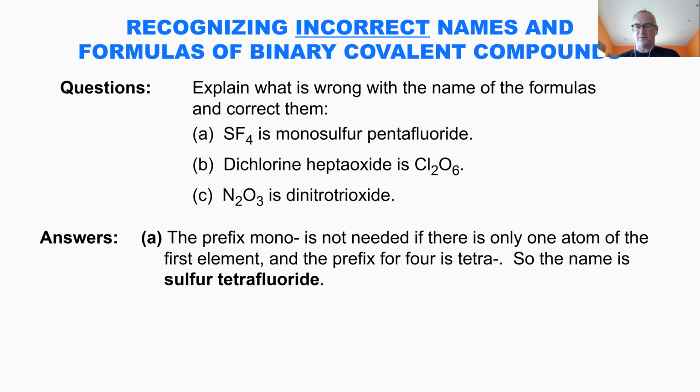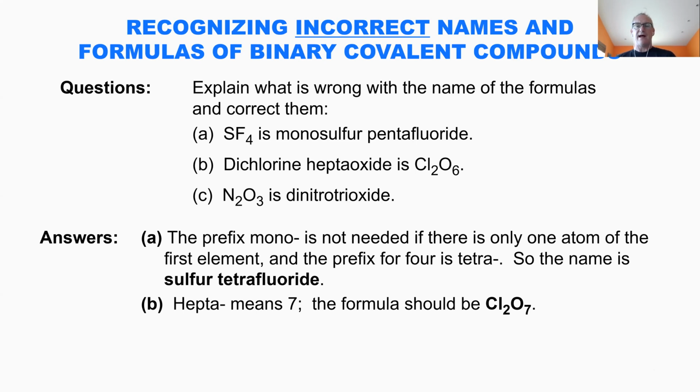So sulfur tetrafluoride. Now you mentioned before whether chlorine should be first or second. Like I said, that part is a little tricky. Chlorine is lower on the periodic table, so it's considered more metallic. Now, if it was oxygen and fluorine, they're in the same period, the same row, so that is cut and dry.